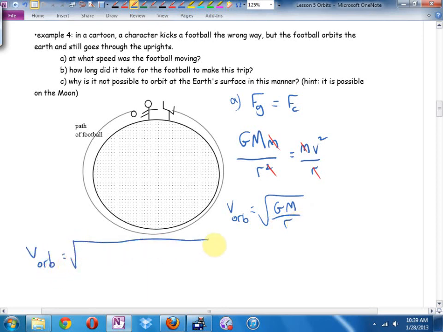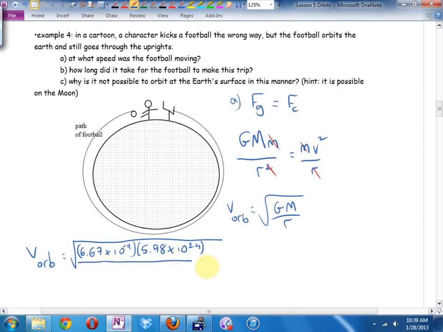The square root of 6.67 times 10 to the negative 11. Mass of the Earth was 5.98 times 10 to the 24th. Make sure you are aware of what planet we're talking about. In your homework or on your test, sometimes just for kicks, we'll orbit the moon or we'll orbit Mars or some other planet. Make sure you don't always assume that that's the same mass.